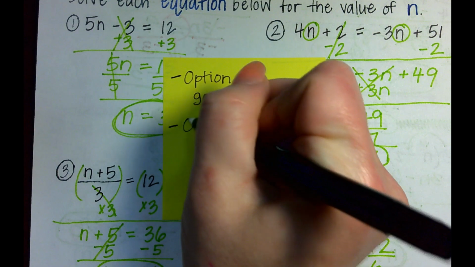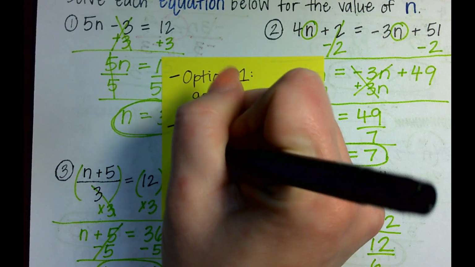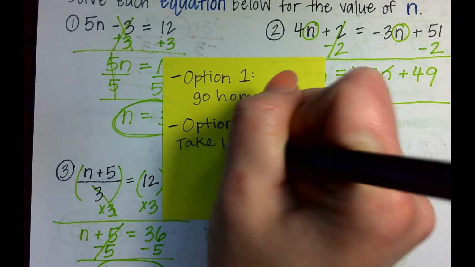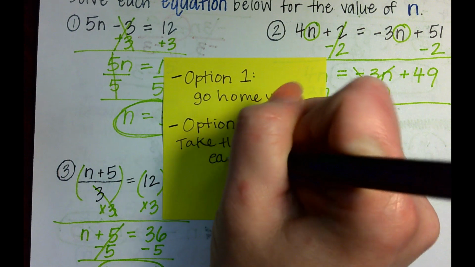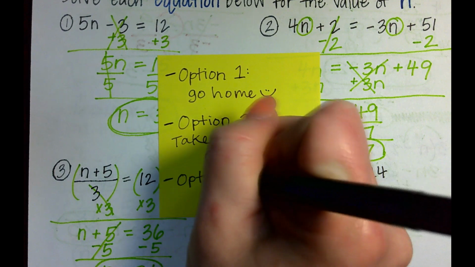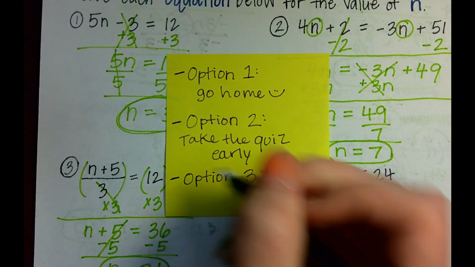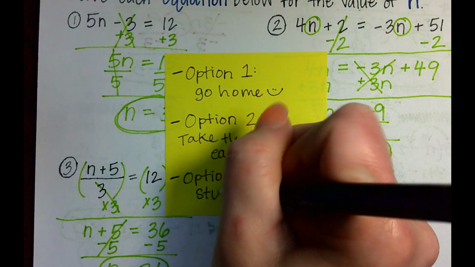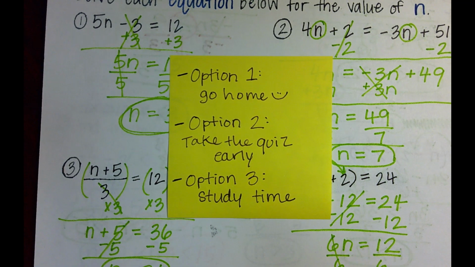Option 2, take the quiz early. Option 3 is you can use this as study time. So these are your options for the remainder of our class time.